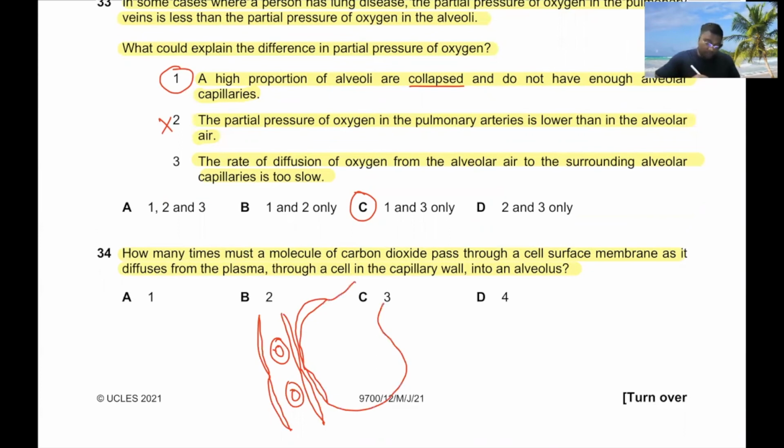All right, from the plasma, if this occurs, then there will be a total of 4. D is the correct answer. Question number 34, D.